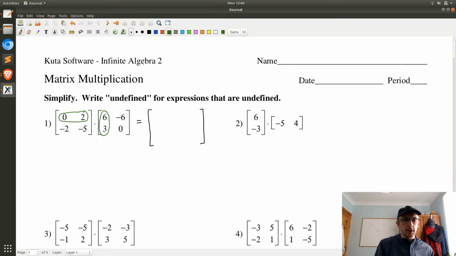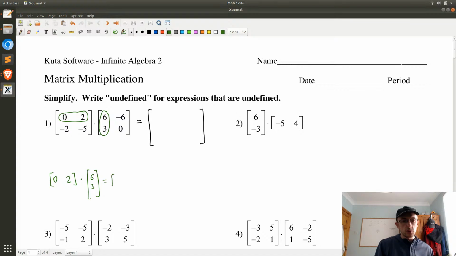Okay, so perhaps you don't quite know what that is. So I'll tell you how to do that. 0, 2, that's just a row matrix. And here is a column matrix, 6, 3.